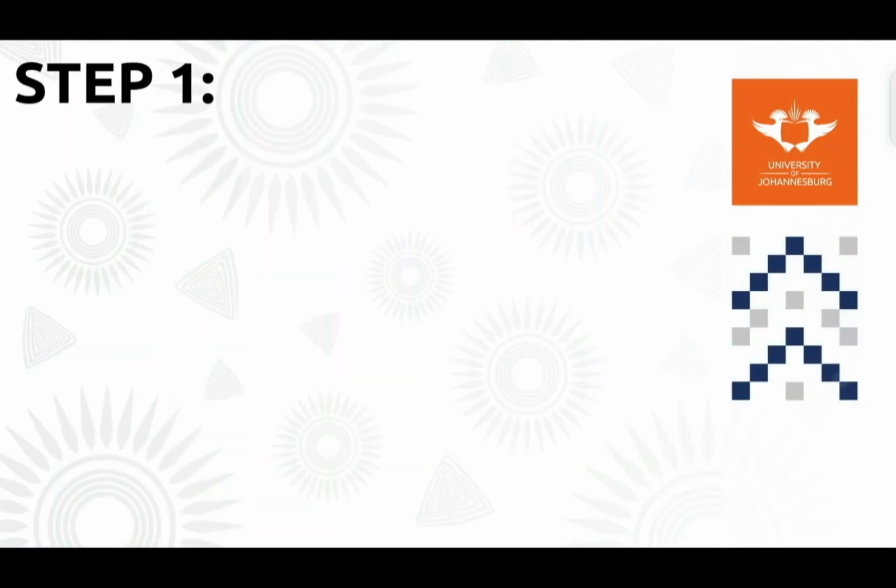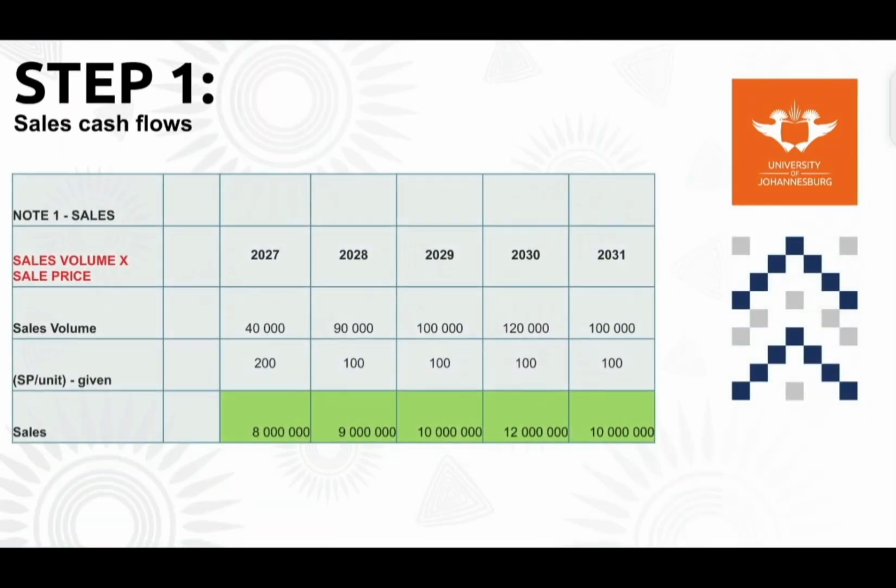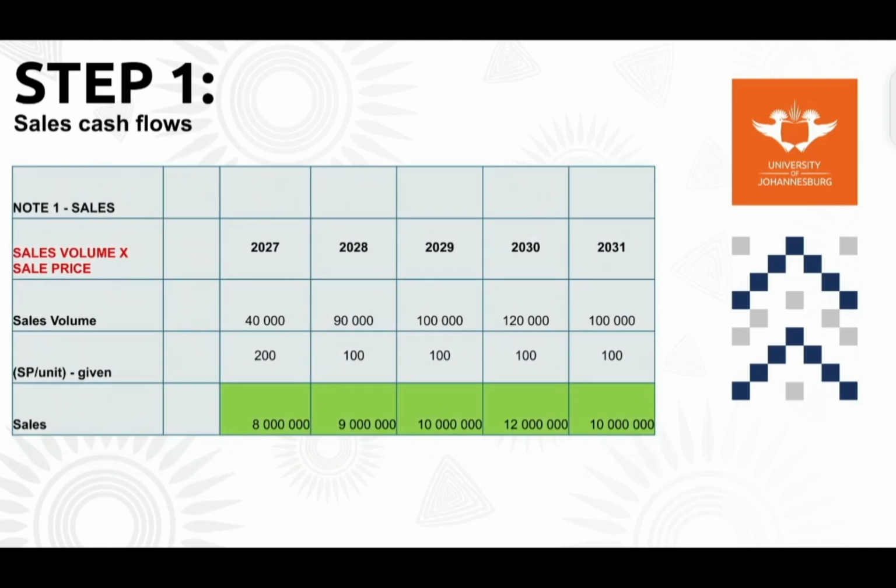First things first, we'll start with the cash sales. We are looking at all these cash flows over the lifespan of the project. Once we have those cash flows throughout the time, we can bring them together into the present with our net present value to figure out if the project is viable or not.